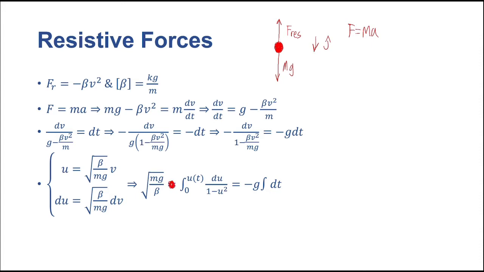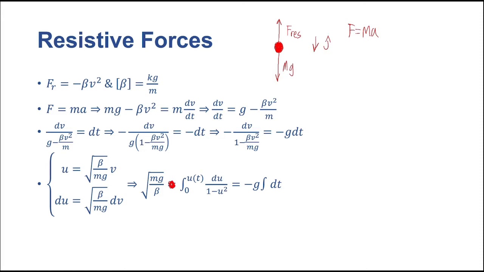We get the square root of mg over beta times the integral between 0 and some function u of t, which we'll deal with later, of du over 1 minus u squared is equal to negative g integral dt.